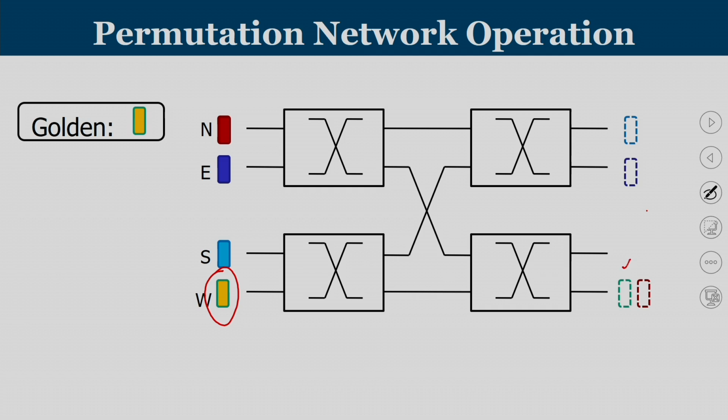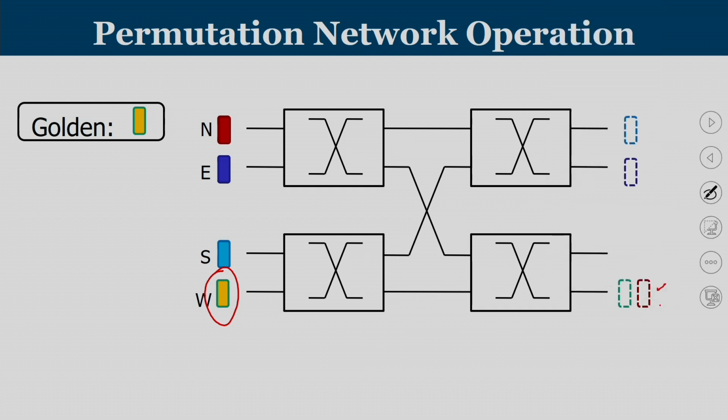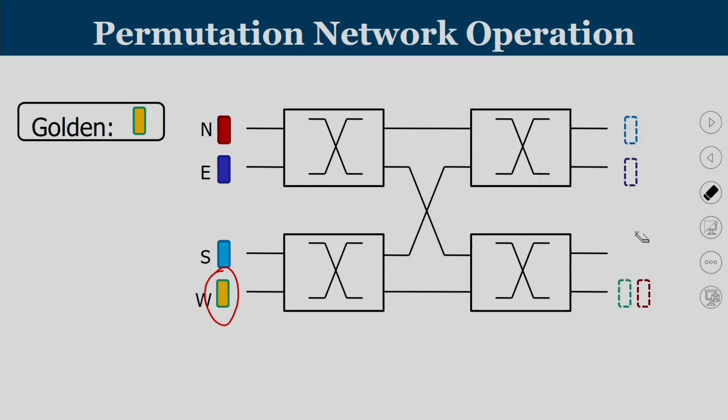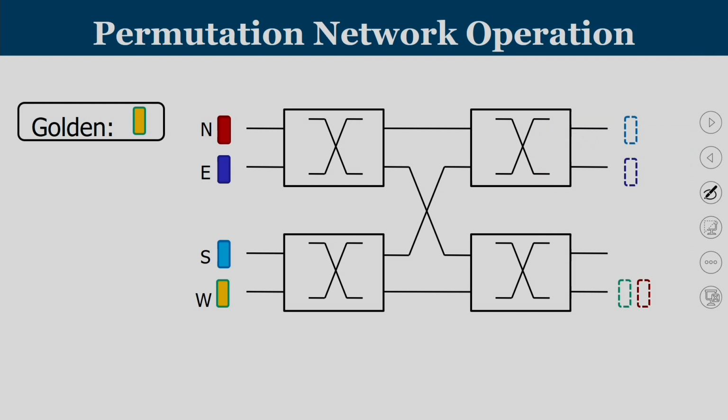Let us say the red flit wants to go to the same output port there. So, the golden flit and the red flit both are looking for the same output port. This blue flit is trying for this output port, and the light blue is looking for this output port. So, what you see on the right-hand side is the desired direction for each of these ports, and the flit that is coming from the west input is the golden one.